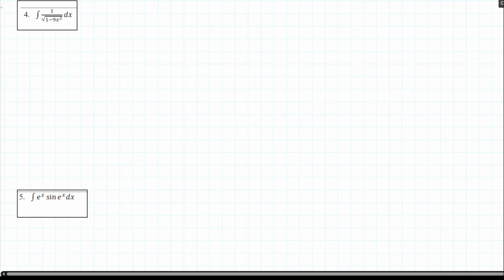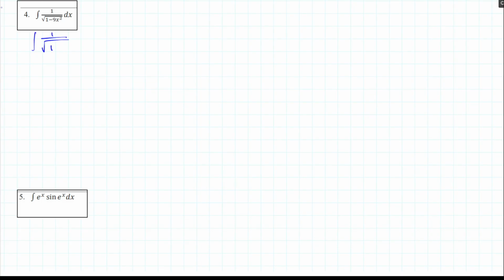First you can rewrite this integral as integral 1 over square root 1 minus (3x) whole square dx, because this is a sine inverse, you can see. So this is like a sine inverse function, the antiderivative, and we can use this part as the inner function u. So u equal to 3x, then du equal to 3 dx, or du over 3 equal to dx.